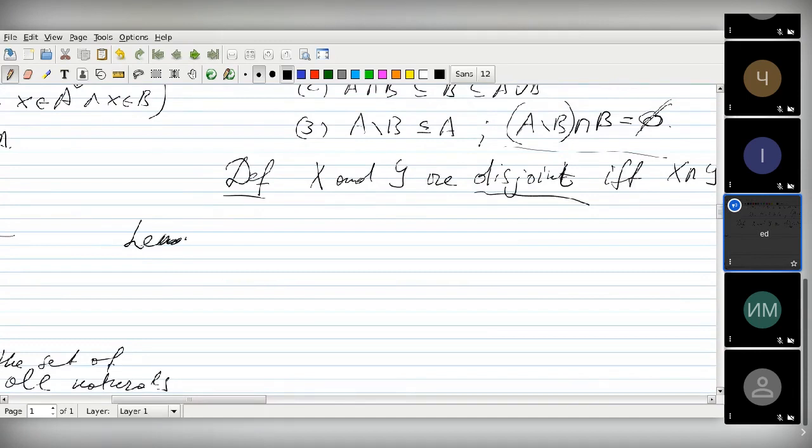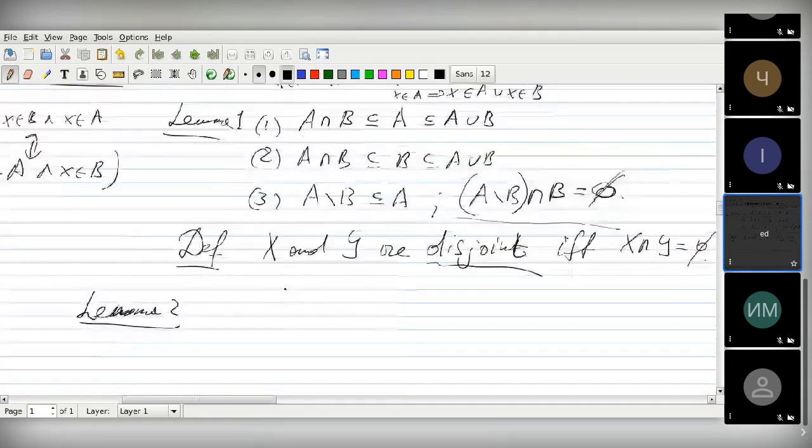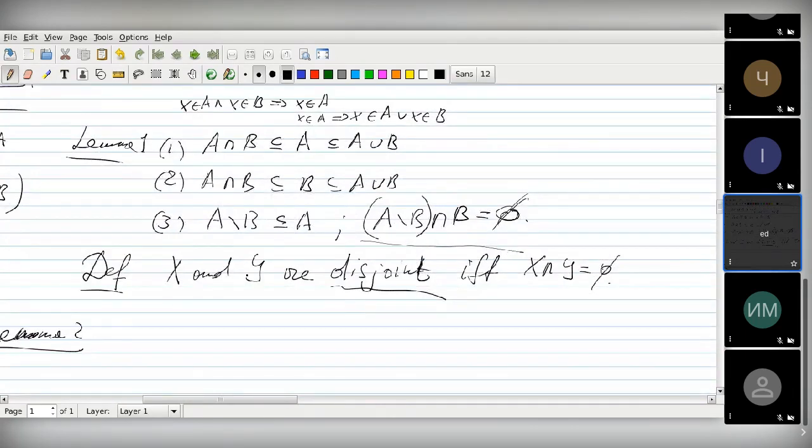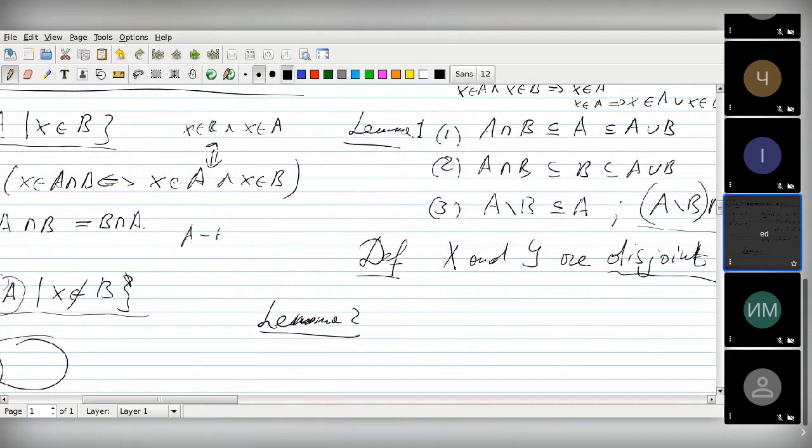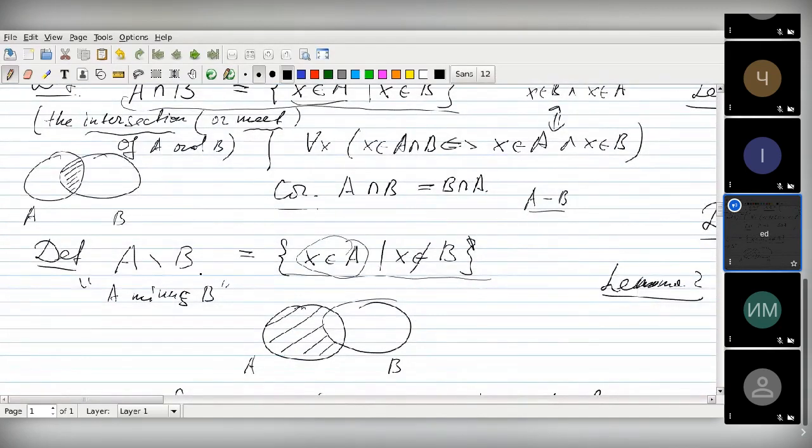So, what is the question? Is it possible to write minus like negative, or we have to write it this way? Yes, of course you can, but I prefer this form. That's up to you.